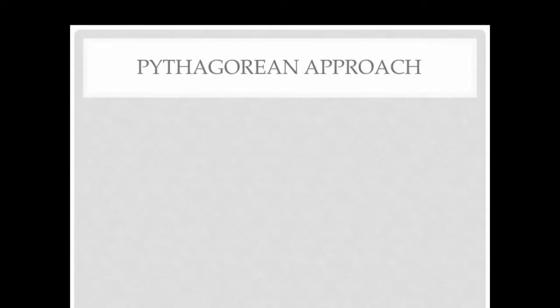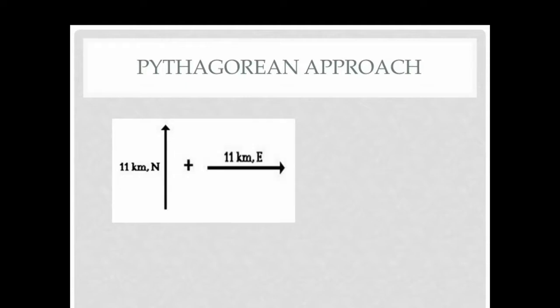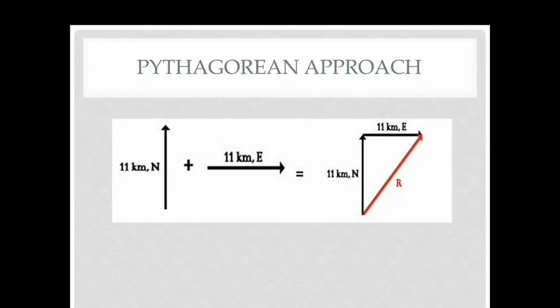We already learned that vectors oriented at right angles to one another can be added together using the Pythagorean theorem. For instance, let's suppose that these two displacement vectors with magnitude and direction of 11 kilometers north and 11 kilometers east can be added together to produce a resultant vector that is directed both north and east.